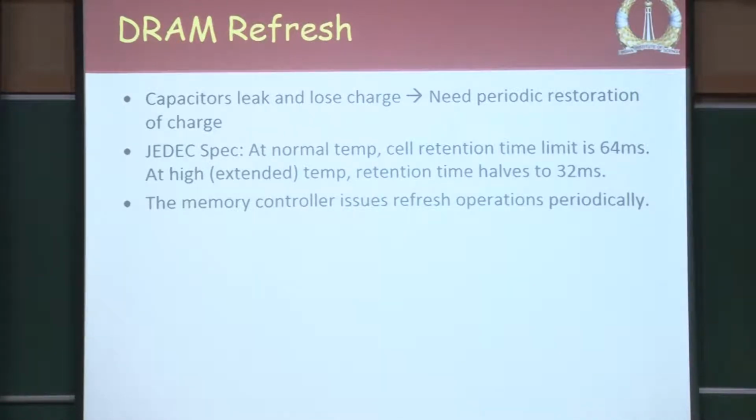Now, in this 32 milliseconds, all the rows in a bank and all the banks need to be refreshed. Across banks you can exploit bank level parallelism, they can be refreshed in parallel, but within a bank, page after page or row after row, everything has to be refreshed.